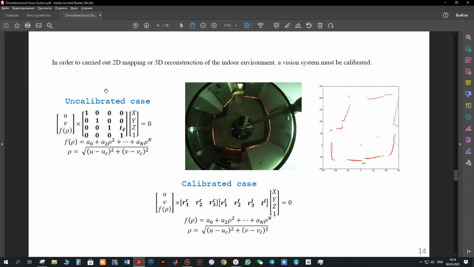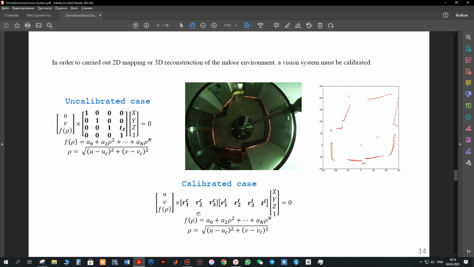Also, it's important to carry out the calibration of the vision system. For example, if we don't consider the orientation of the vision system, if we only consider the distance between camera and laser and don't consider the rotation part, we may get an inaccurate result.